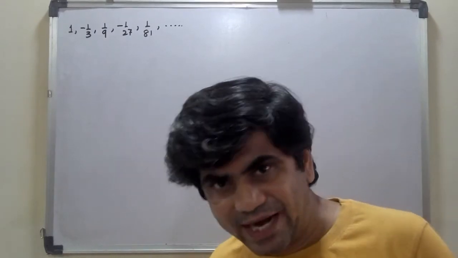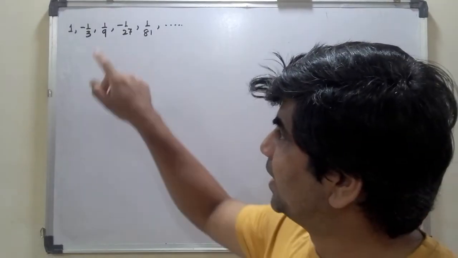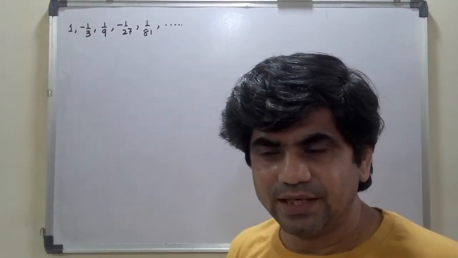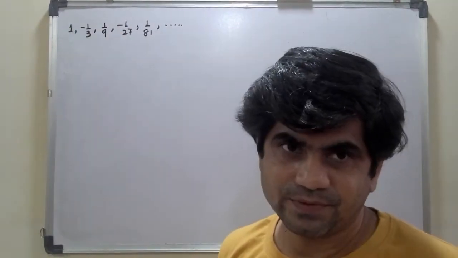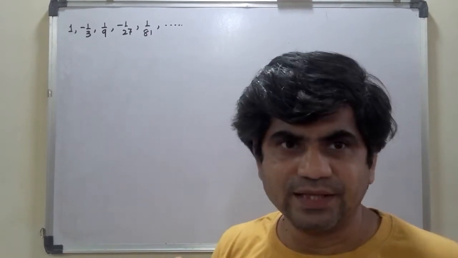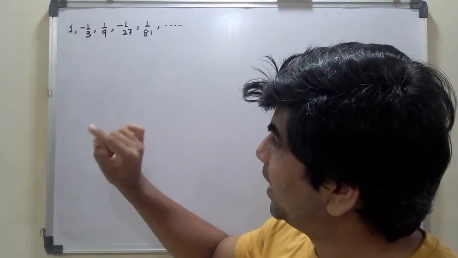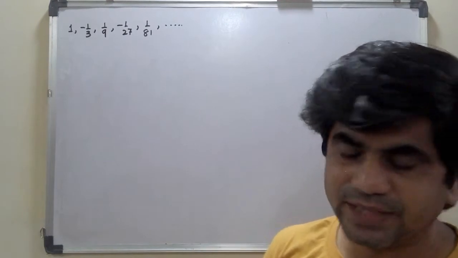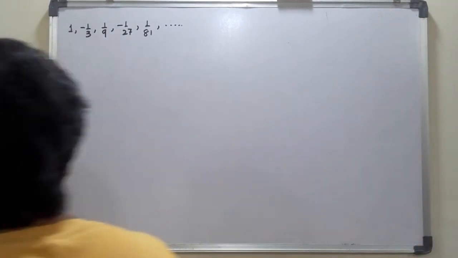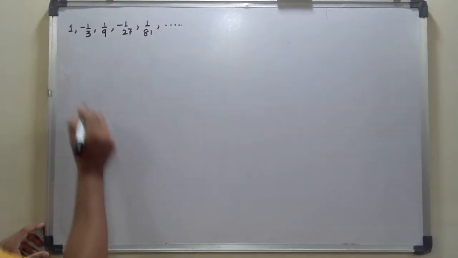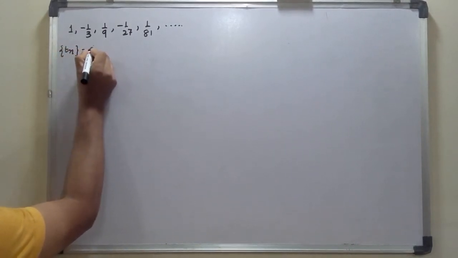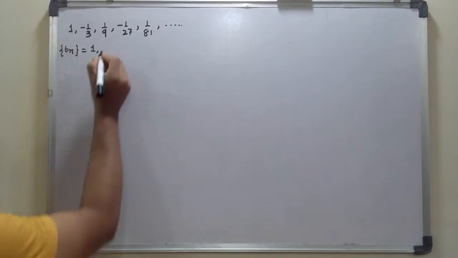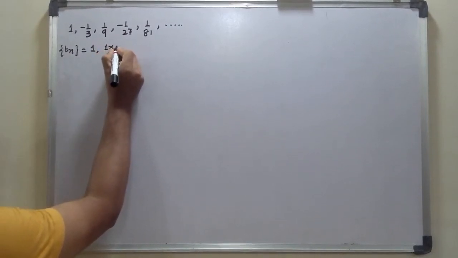As a trial, I am multiplying minus 1 by 3 again by the number which I multiplied to the first one, that is minus 1 by 3. That is, I get 1 by 9. Means if you see, this sequence is 1, then 1 multiplied by minus 1 by 3.